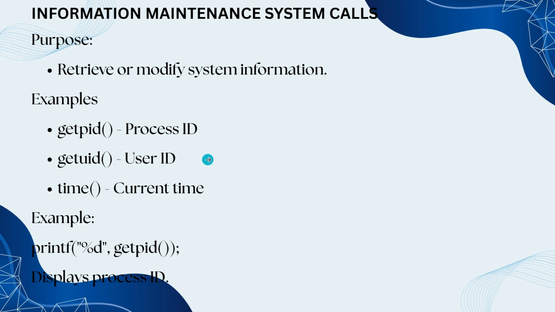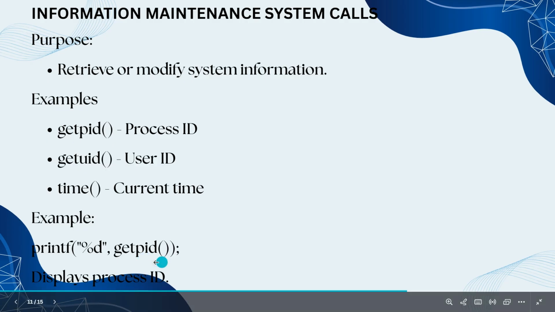Then if you want to get any user ID, we can use getuid, which means get user ID. Then the time system call is used to get the current time of the system. Here is the example: we use the system call getpid, just to display the process ID information.